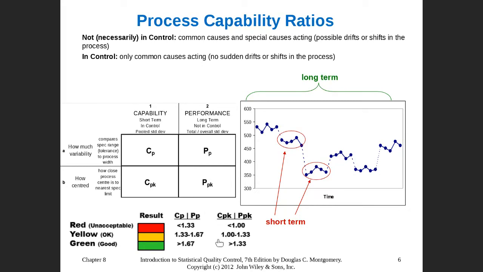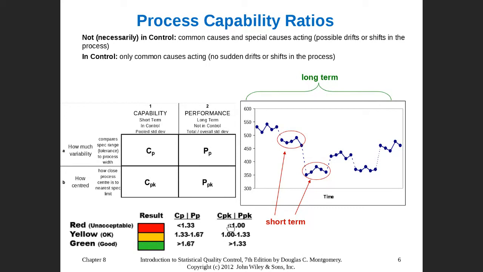Commonly, in most cases, when the CPK is in this range, you will have the CP also in an acceptable value. But you may face one of them in the acceptable range and one in the not acceptable range.